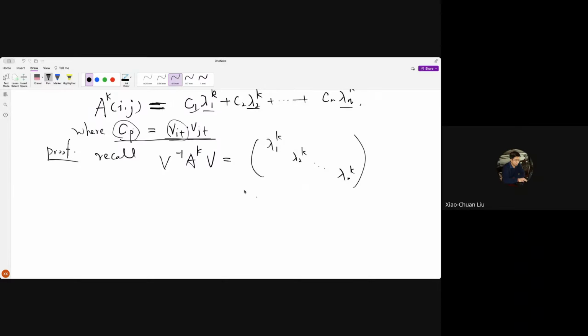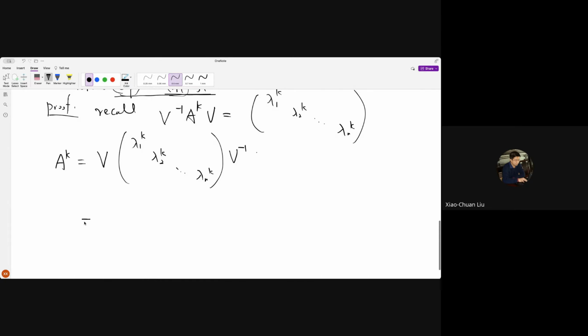Therefore, what is A to the power of k? It is V times the diagonal matrix of lambda 1 to the power of k, lambda 2 to the power of k, up to lambda n to the power of k, times V inverse. What is V? As we wrote it, it's the columns V1, V2, ..., Vn.